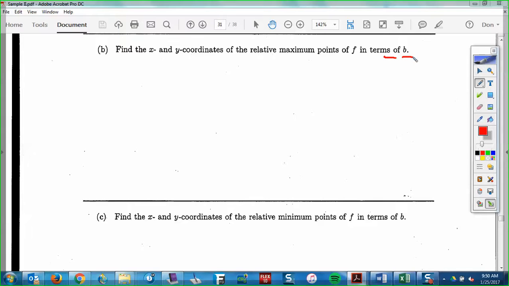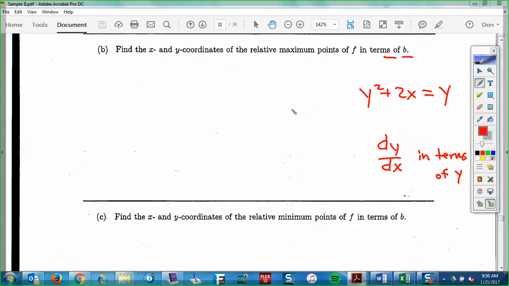If you had something like this, and it said find dy dx in terms of y, what that's saying is find y prime with respect to x, but your answer will have y's in it.